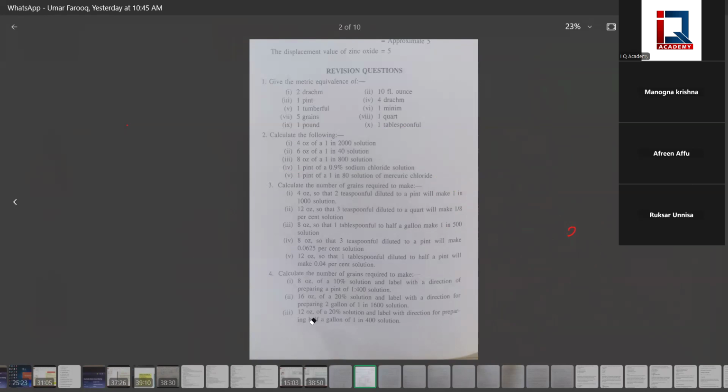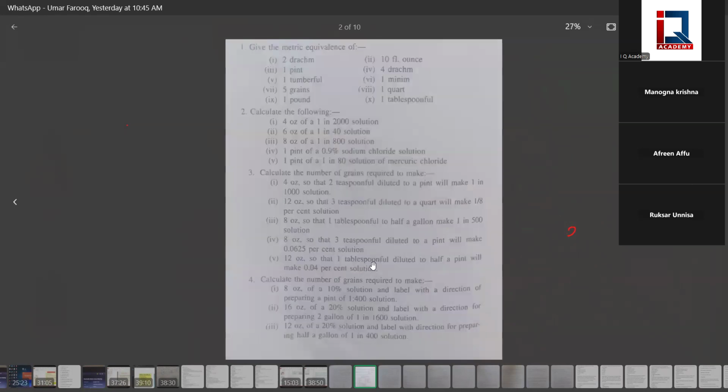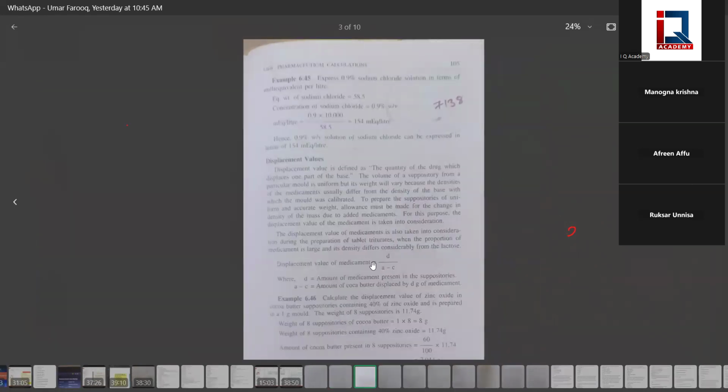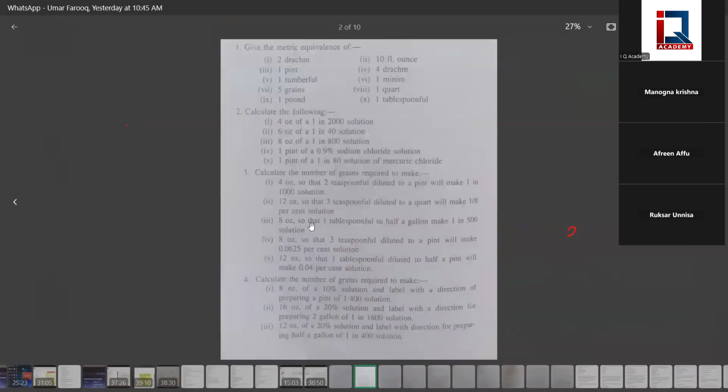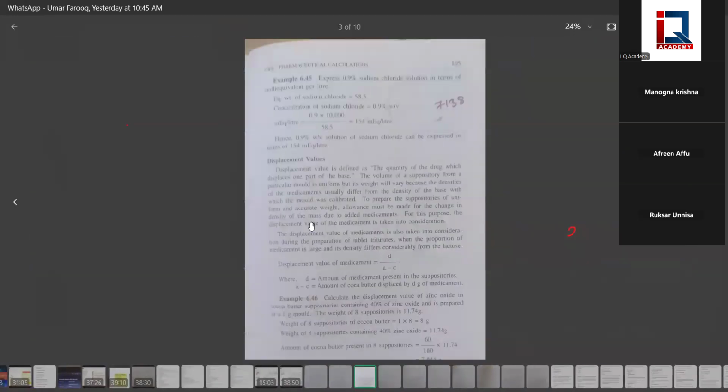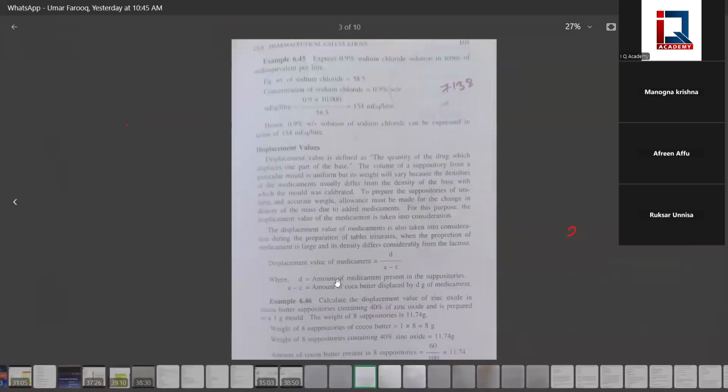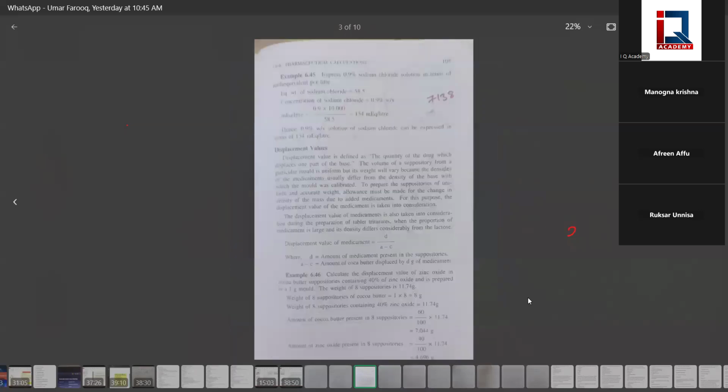So this is about this question. Then we will discuss conversions also in the next class. But now the very, very important thing is we will discuss displacement value calculation. Okay? So let me stop this recording so that a separate isotonic calculation recording will be available. Then we will start displacement value calculation.